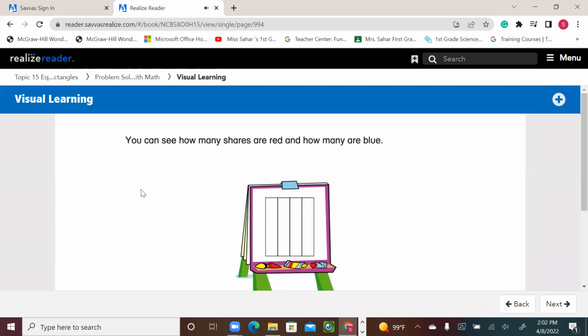You can see how many shares are red and how many are blue. When you draw a picture to solve a problem, you need to draw all the parts. So draw a picture of the curtain with 4 equal shares. You can color in the equal shares to match the problem.